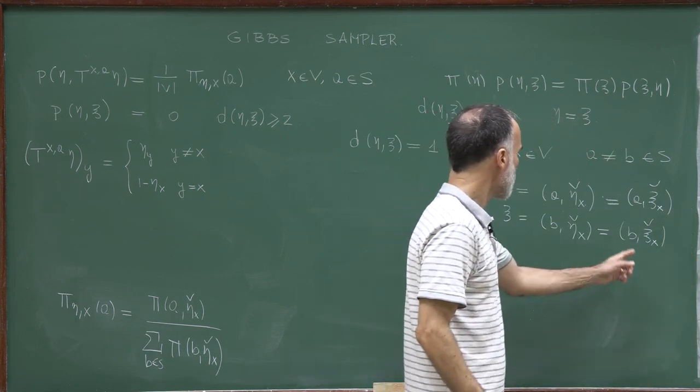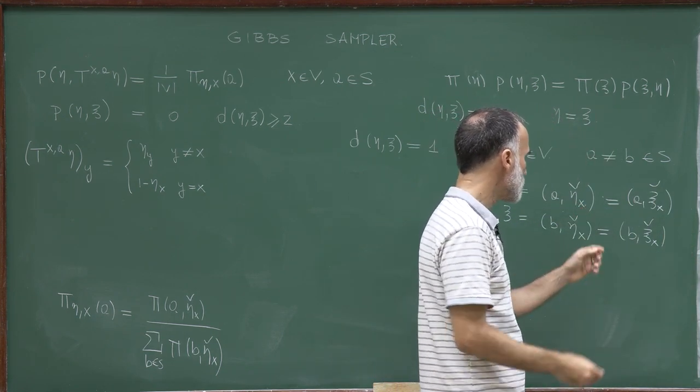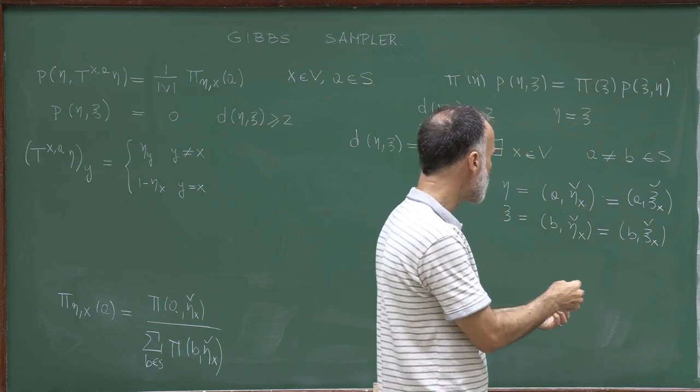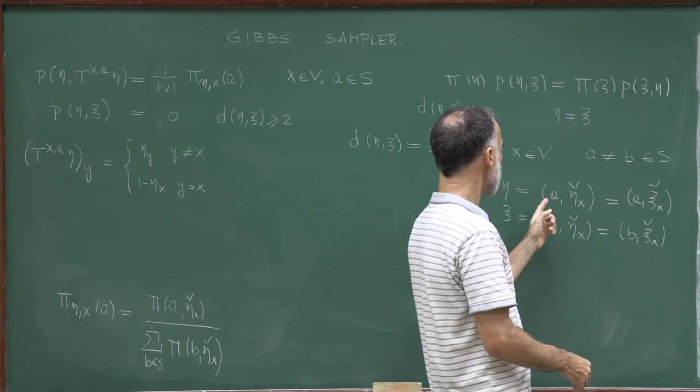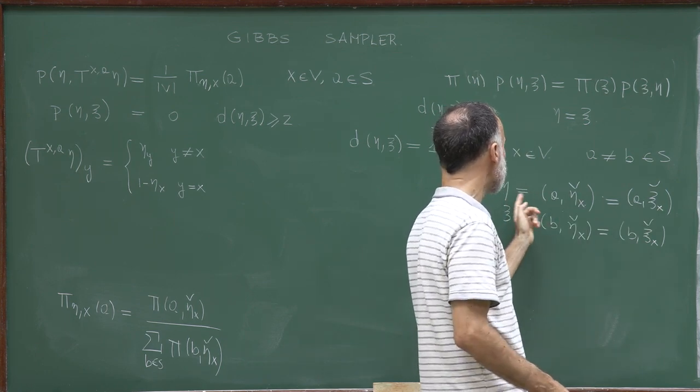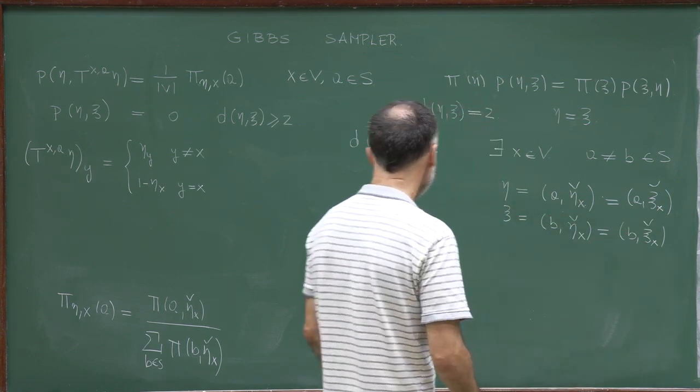Because since eta and xi are equal at all sites different from x, these two configurations are equal, and therefore eta, which is equal to that, is also equal to that.